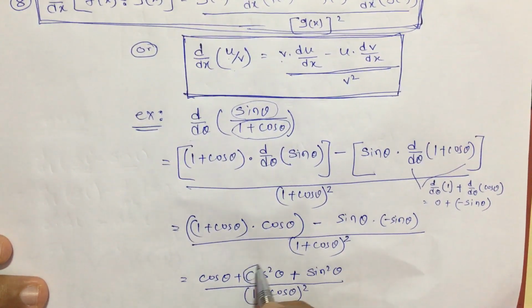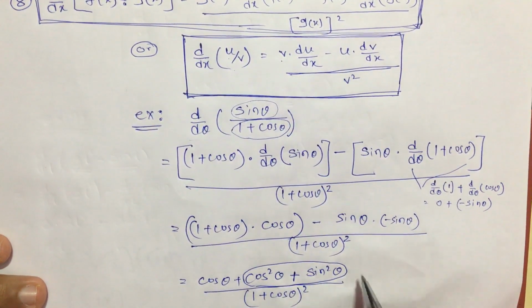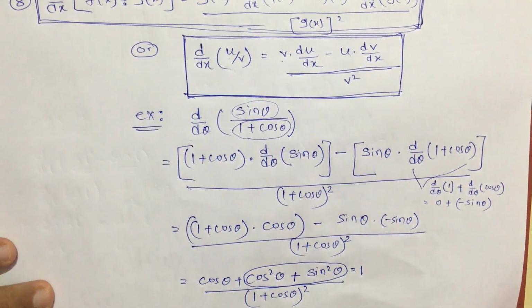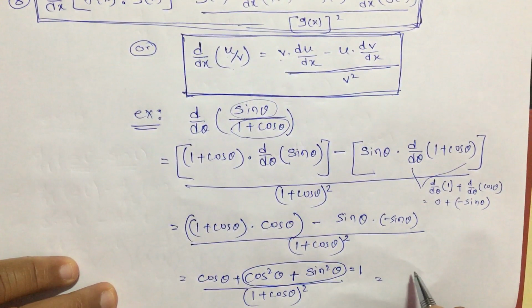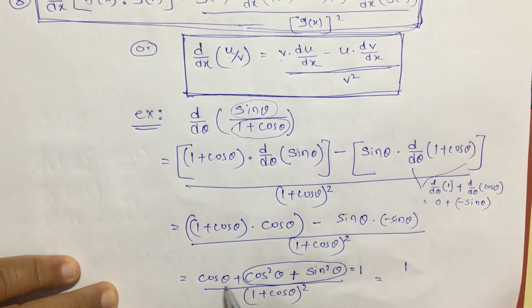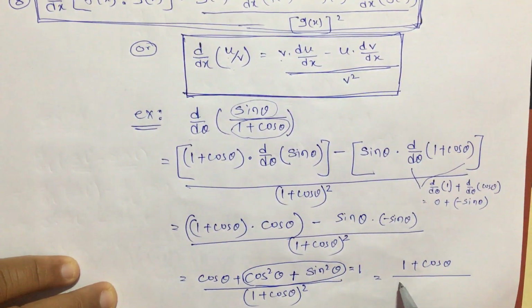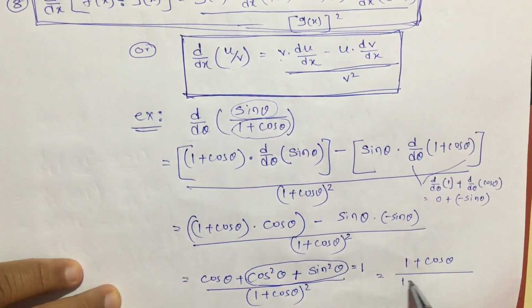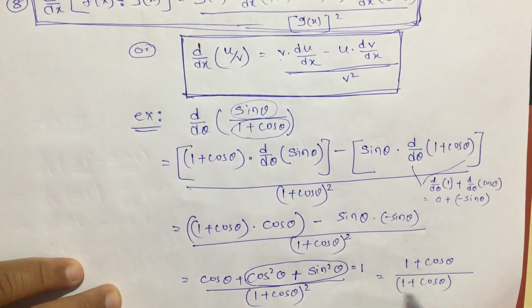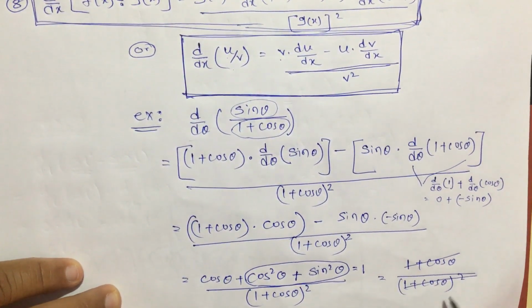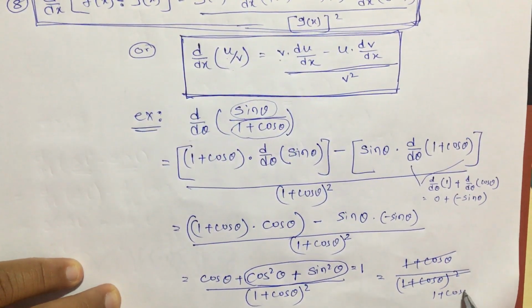But here you can see cos square theta plus sin square theta is going to be 1, so I can write it as 1 plus cos theta divided by 1 plus cos theta whole square. So this and this will cancel out.